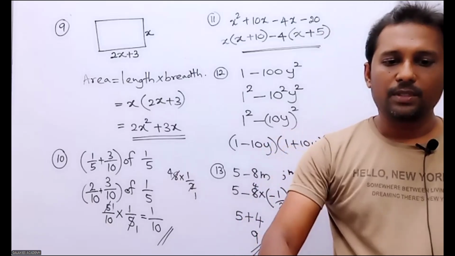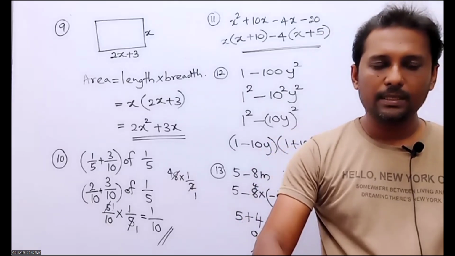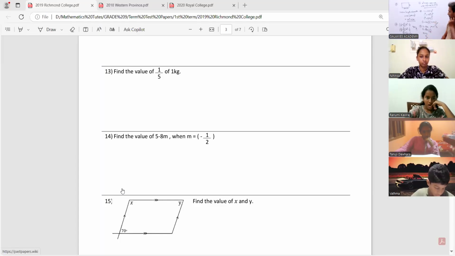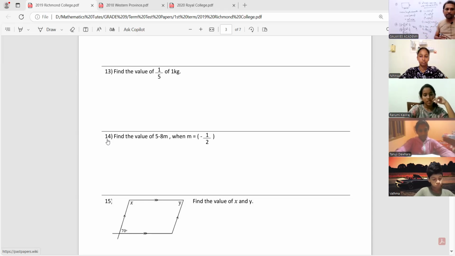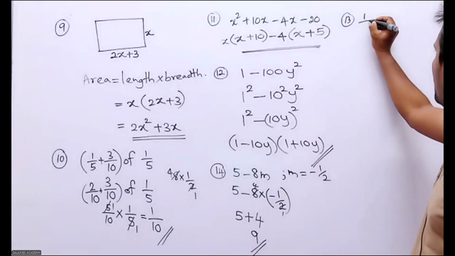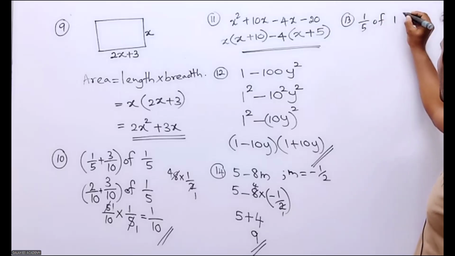Right, then let's go to the question number 14. Sorry, not 14. This one is 14. The 13th question I did not discuss, no? Right, this is the 14th question. Right, the 13th one given, find the value of 1 over 5 of 1 kilogram.